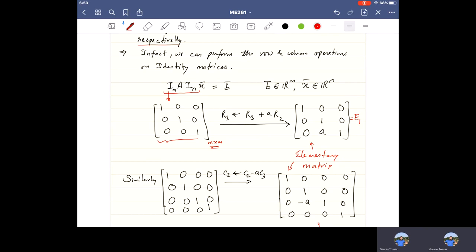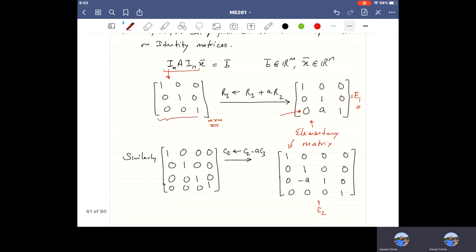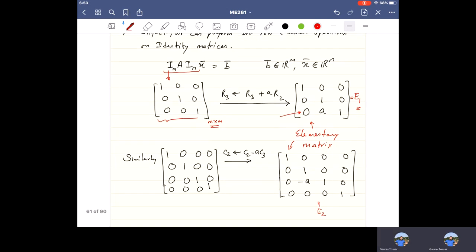We get row 3 is essentially row 3 plus A times row 2. So that gives you this modified identity matrix, which you denote by, let's say, E1. Similarly, you can get it for the post multiplication, where n has to be 4. So it's a 4 cross 4 matrix, and you do the column operation and you get the E2 matrix.